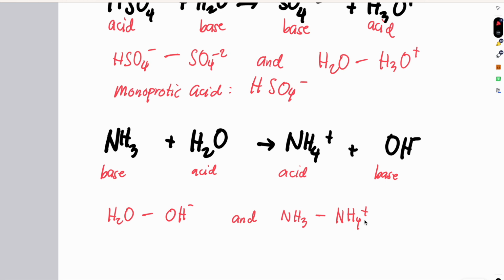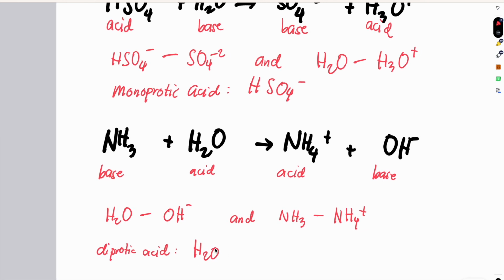So what do we have? Diprotic acid. Because ayaw tanawang NH3 ha, because that's a base. Wala man tayo diprotic base, only acids. So diprotic acid is H2O. And that's it.